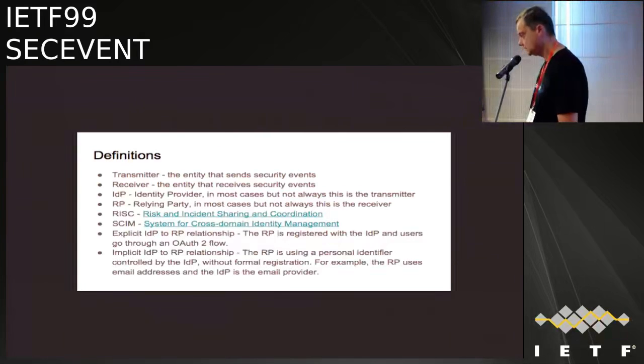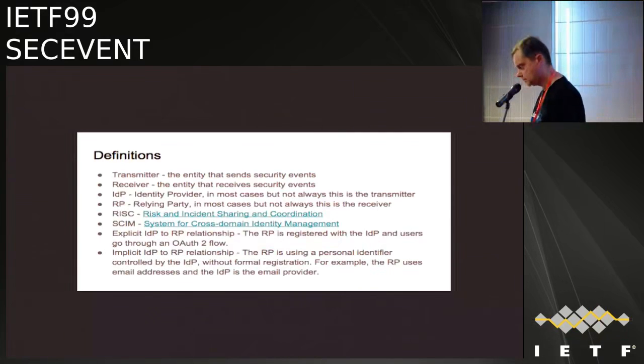I just want to highlight the definition of an explicit IDP to RP relationship and implicit, because it shows up a lot in the use cases. And I think Yaron pointed out that if you don't understand that, the use cases don't make sense. An explicit IDP to RP relationship is where the RP is registered with the IDP and the user is going through an OAuth2 flow.